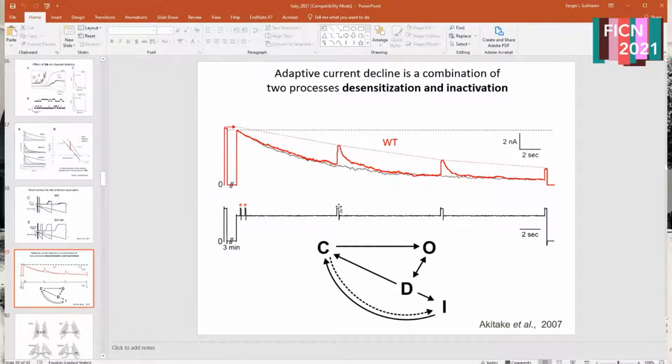But if we intersperse test pulses here, which are saturating, then we will see that the active population decays as well. And in the end, we have the difference between this point and the top. That's the population that went to deep sleep. So the channel opens under tension, but also under the same, moderate tension, it goes to the desensitized state, and then it goes to the inactivated state.